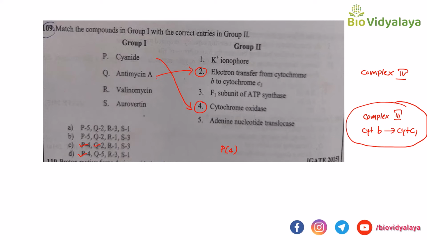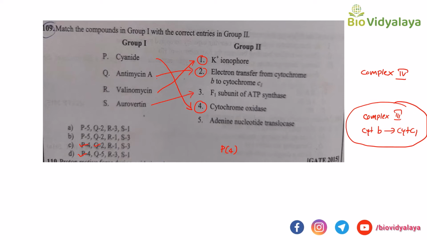Valinomycin. Valinomycin is an ionophore that will transfer potassium ions. So it is 1. Next is oligomycin. Oligomycin is an inhibitor of ATP synthesis that will bind with F1 subunit of ATP synthase.